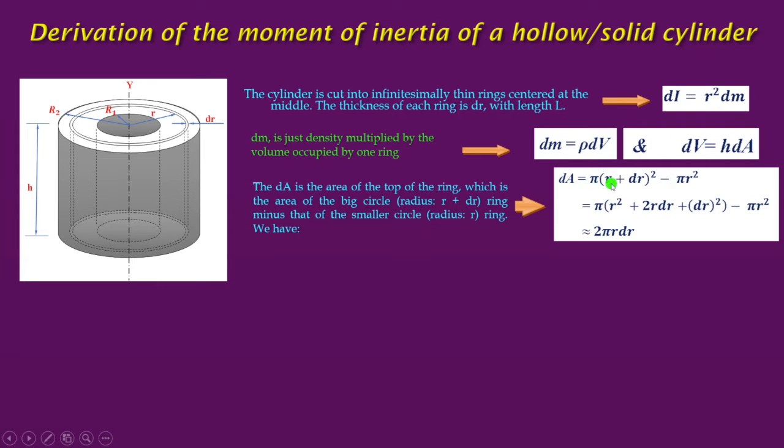The outer radius of this ring is r plus dr and the internal radius is r. So pi into r plus dr square minus pi into r square is the area of the ring.